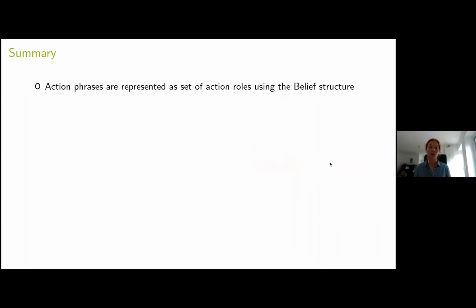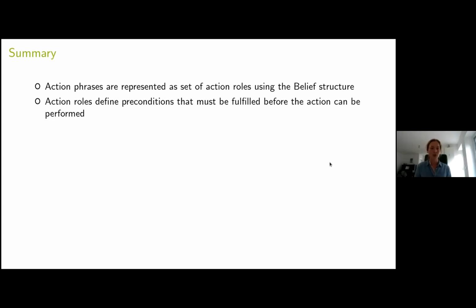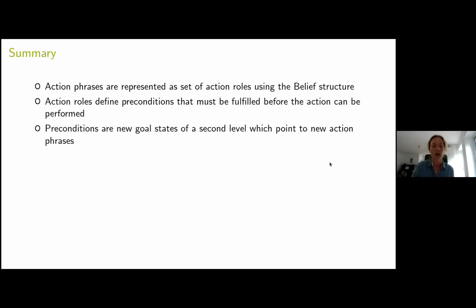Our motivation was that we can represent a repertoire of learned actions and then generate a sequence of actions. And we represent those action phrases as a set of action roles using the belief structure that Jan introduced in his talk. So the action roles define preconditions that must be fulfilled first before the action can be performed in the scene.